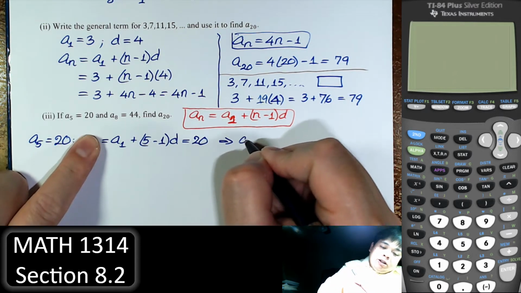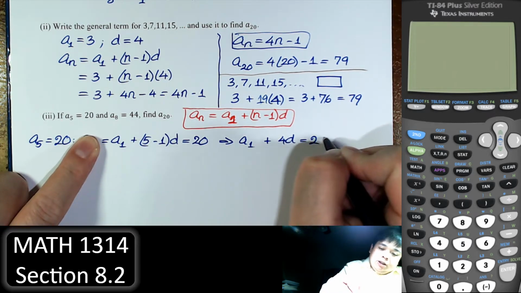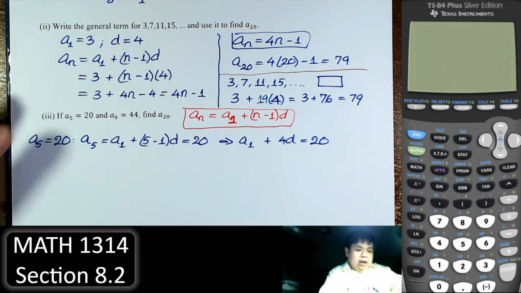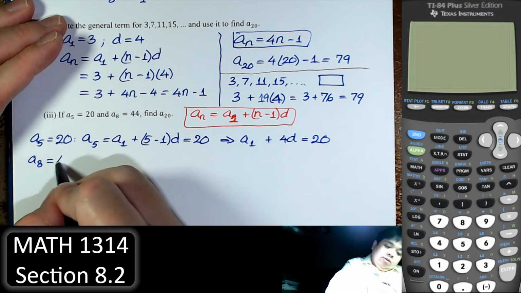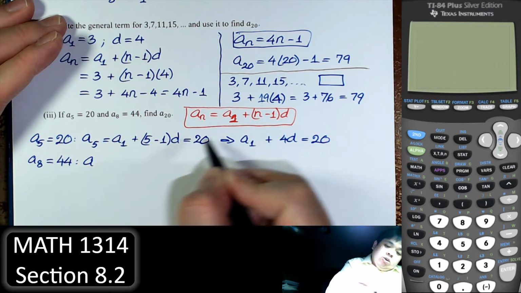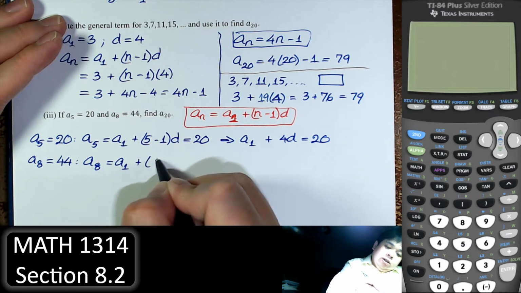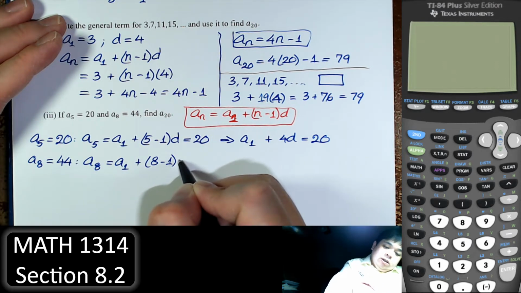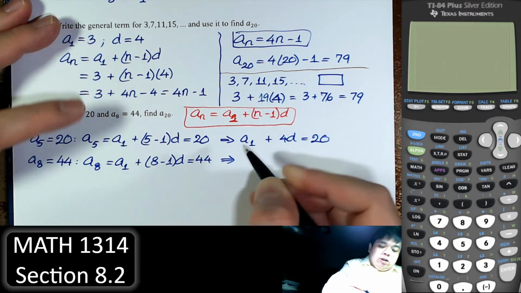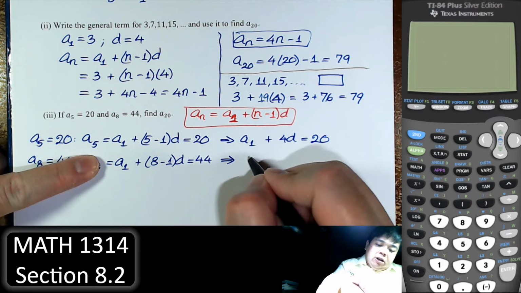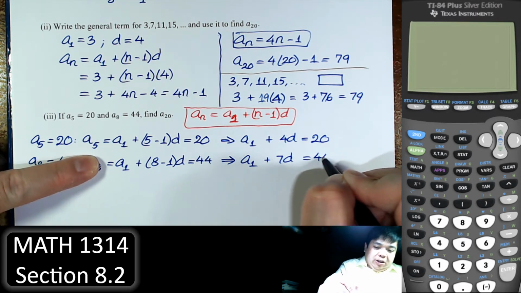A1 plus 4d is equal to 20. Now a sub 8 is 44, so put 8 in for n. That's supposed to be equal to 44. Now a1 plus 7d equal to 44.